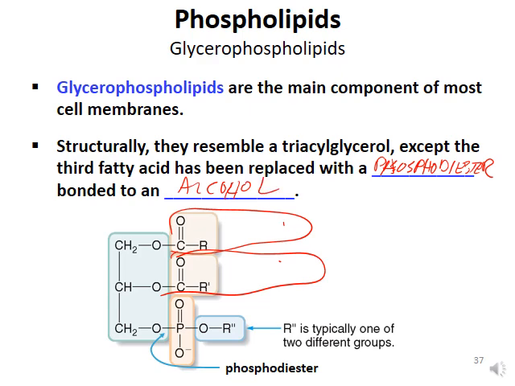Okay, phosphodiester looks sort of like an ester, but it's got 2 of them, bonded to an alcohol.